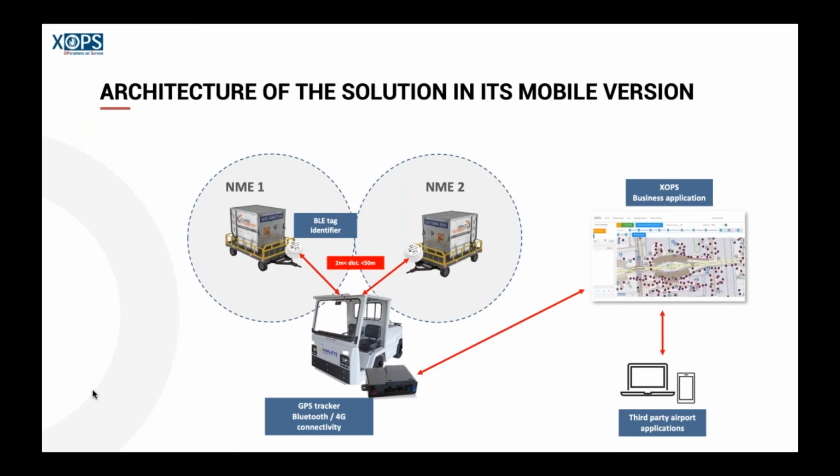When the motorized equipment is moving around on the airside and is nearby the non-motorized equipment, they get a connection. Then we identify the number of the puck, and we send through the box the information to the map with the location that we catch from the GPS on the motorized equipment.